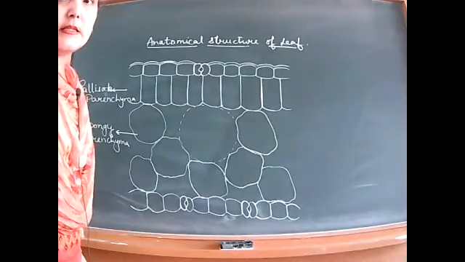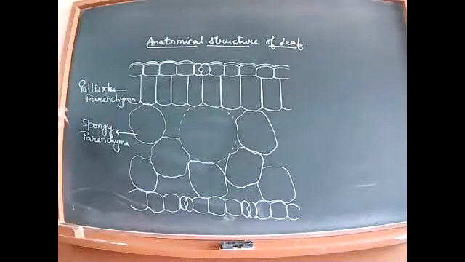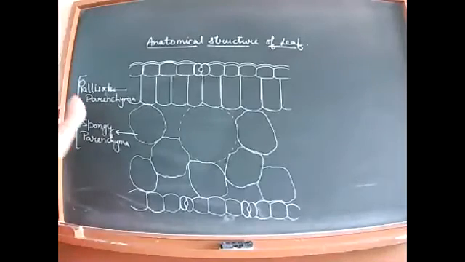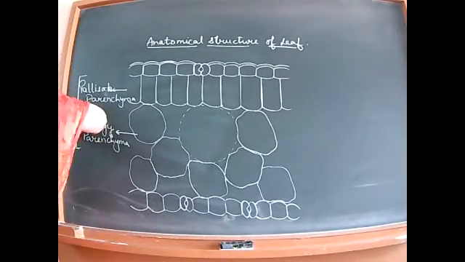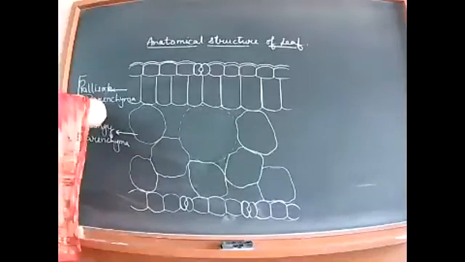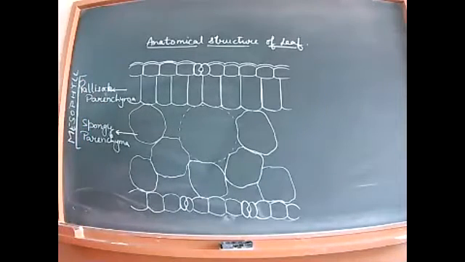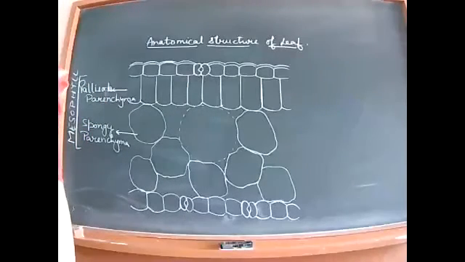Next, the palisade parenchyma and spongy parenchyma together are termed the mesophyll layer. This is mesophyll.